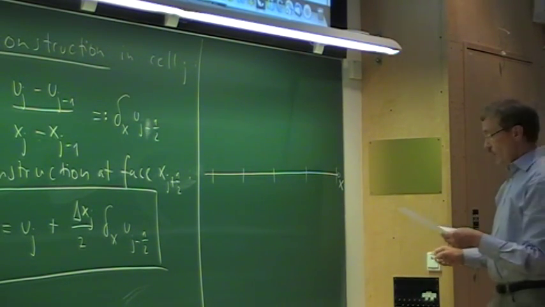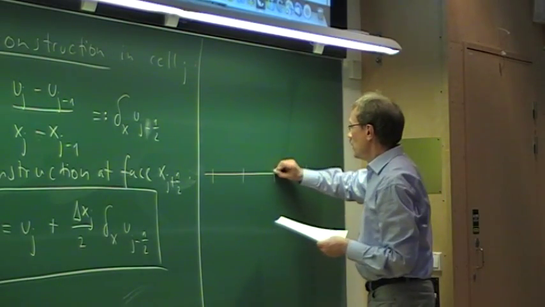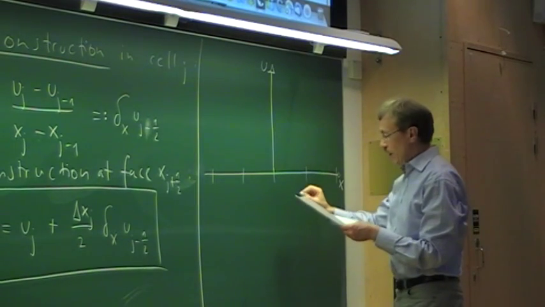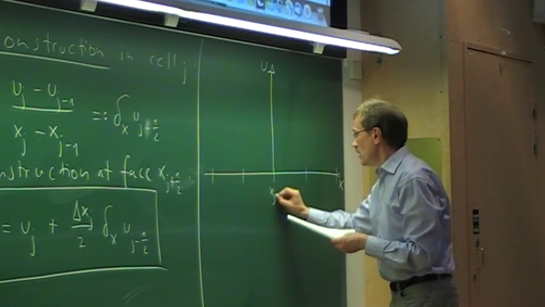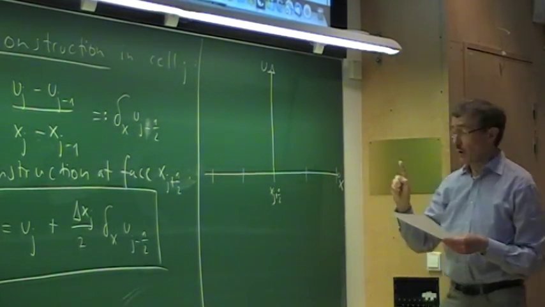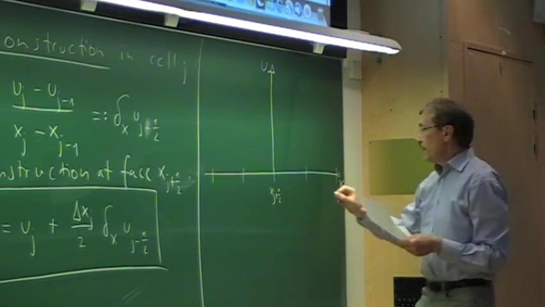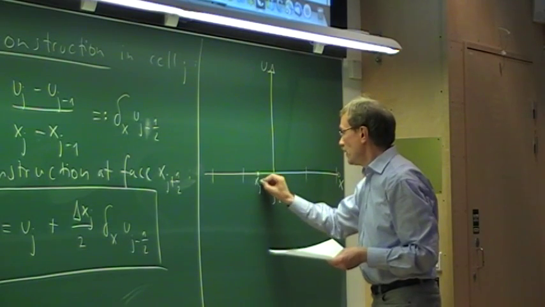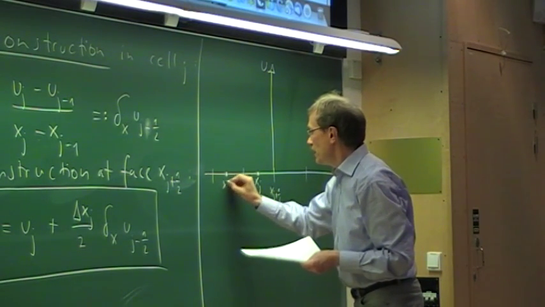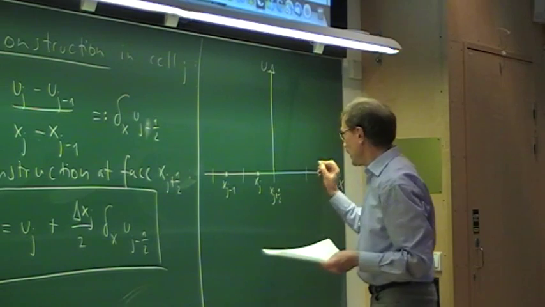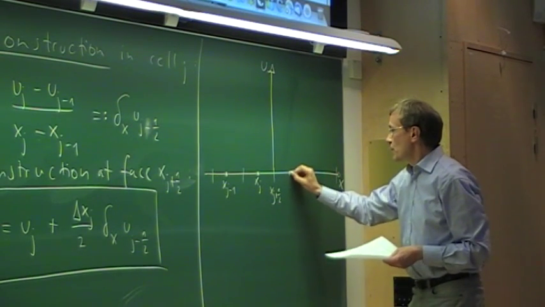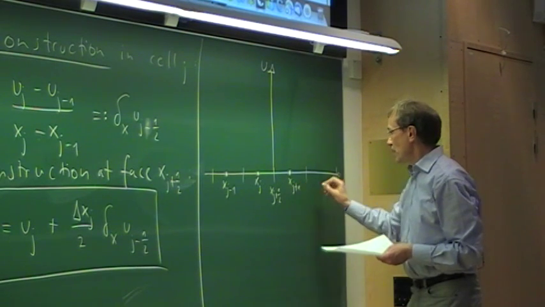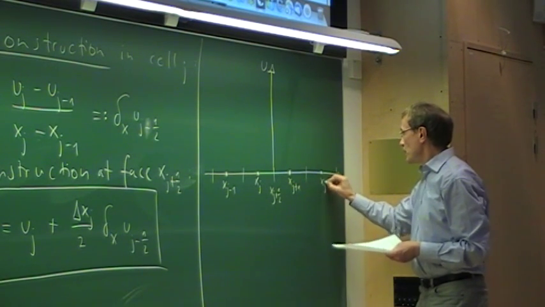Yes. And we are focusing on the face. So we have here the u, and here we are at the face xj plus 1/2 that we are focusing on. Now we are repeating what we had already seen. We have the xj and the xj minus 1, but now we add also the cells, and here I write the midpoints, xj plus 1 and xj plus 2.